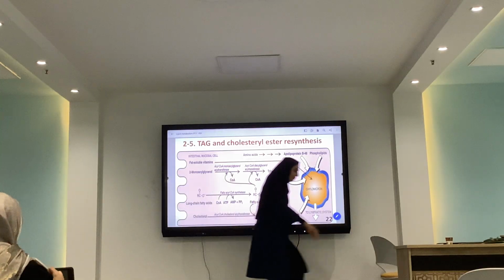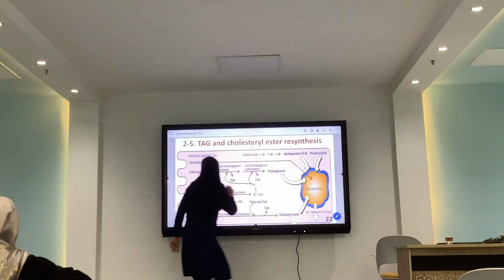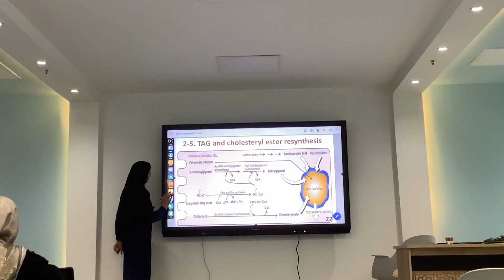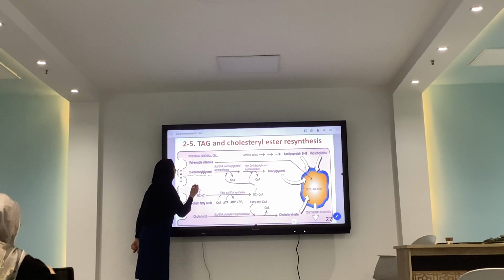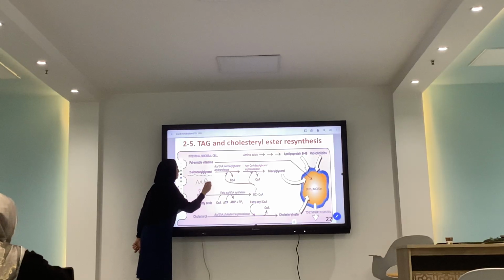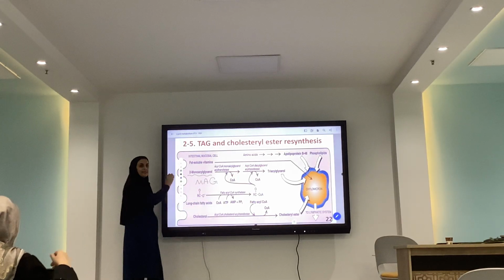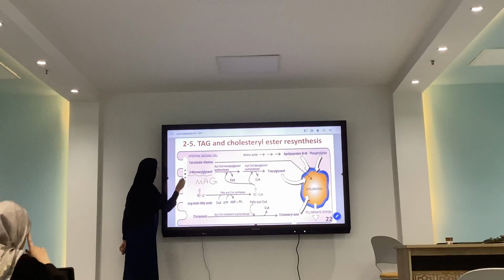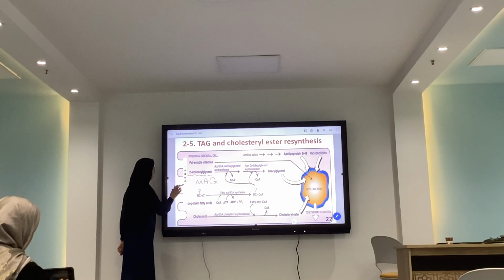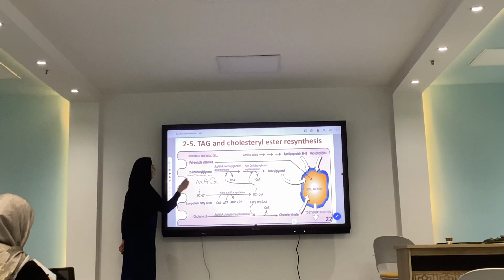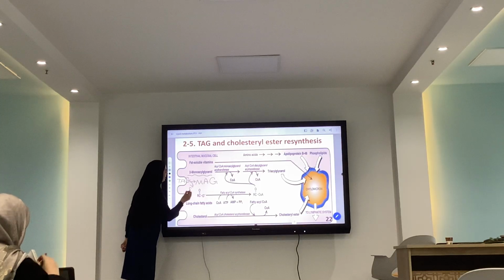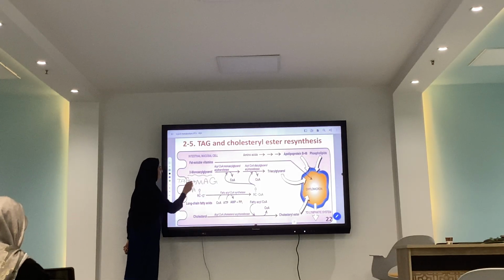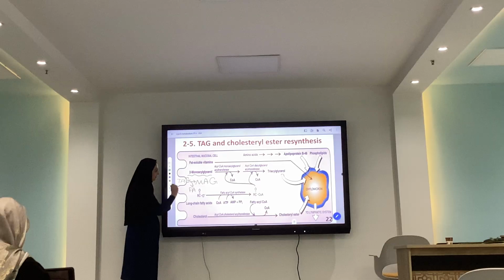We have monoacylglycerol. This is the TAG that lost the fatty acid and converted to monoacylglycerol.